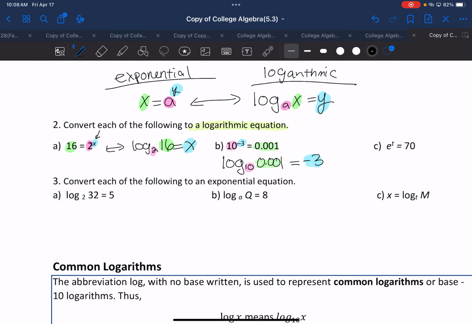All right, C, remember we talked about what E was, which is just a number that's approximately equal to 2.714, I think. So that's just a number, so don't let that throw you off. We're just going to use E, and E is my base.